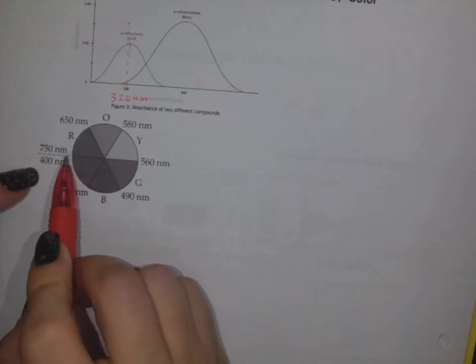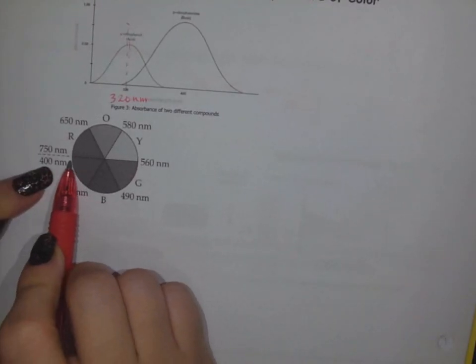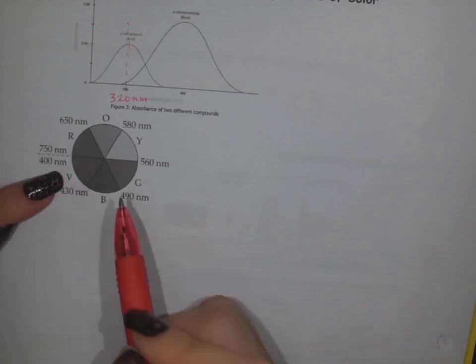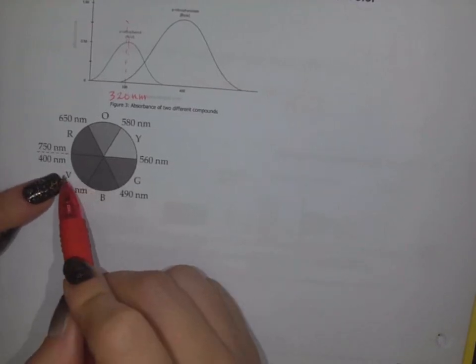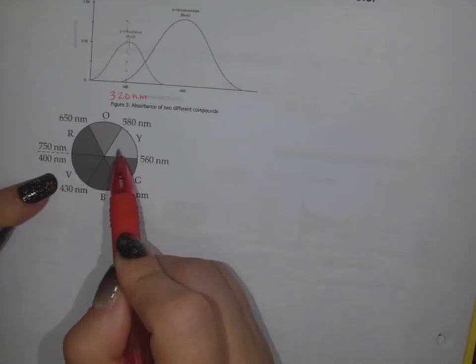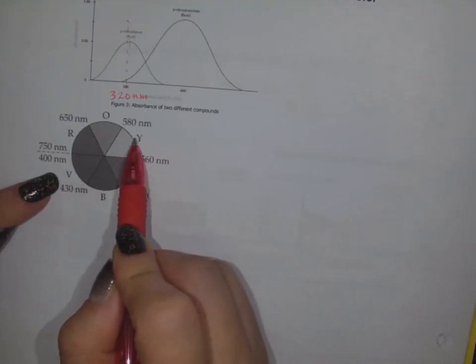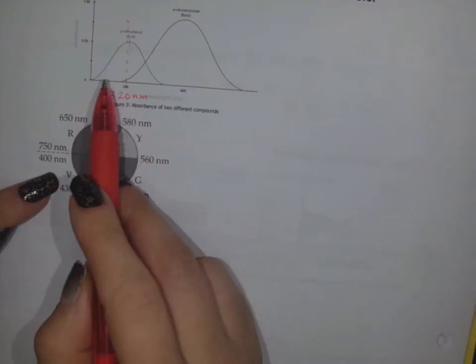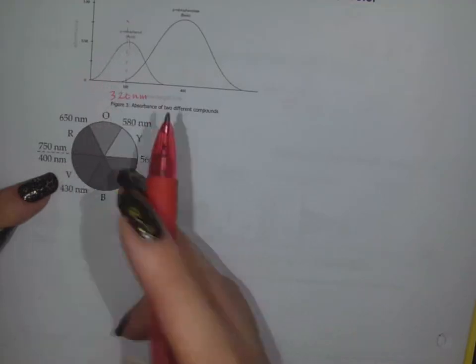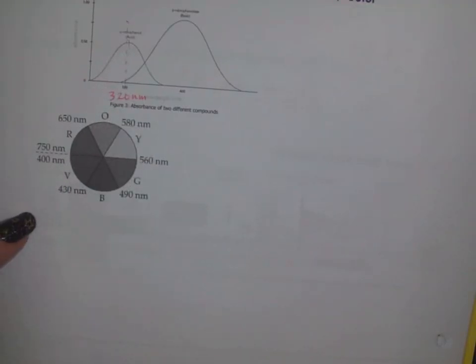It doesn't quite show it, but it's going to be down here, in that violet range. To go opposite from that, the color is actually yellow. It's absorbing this, but the acid's actual color must be kind of yellowish.